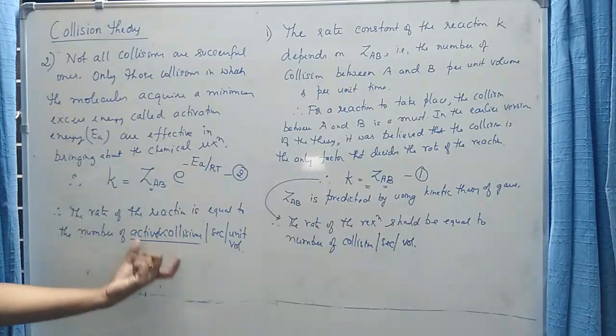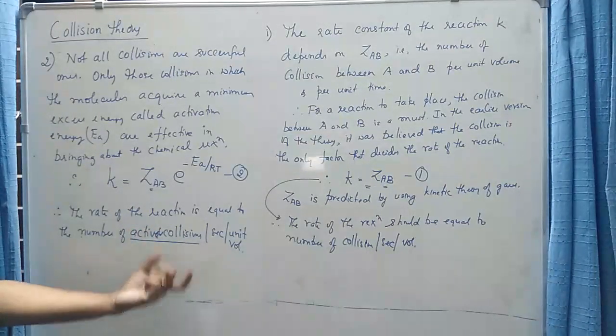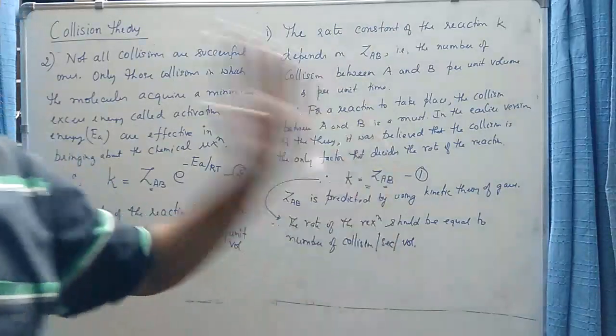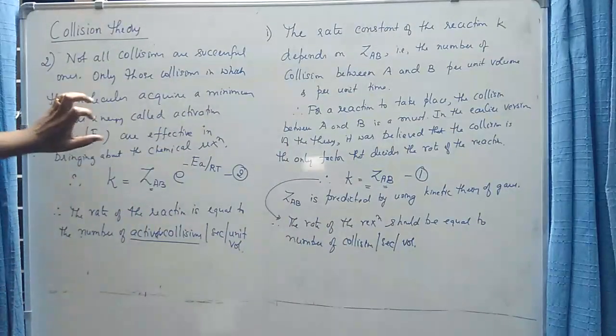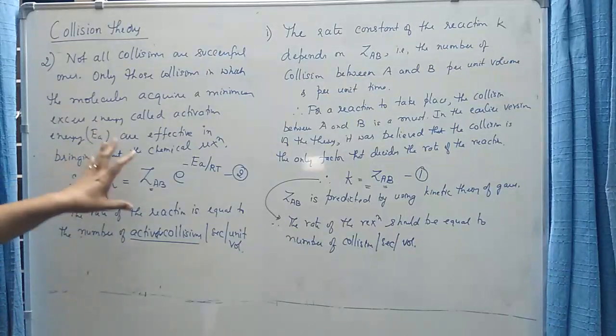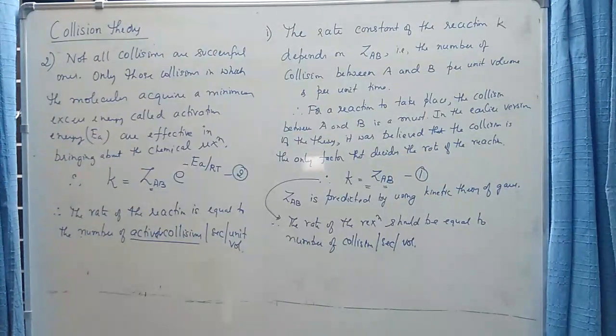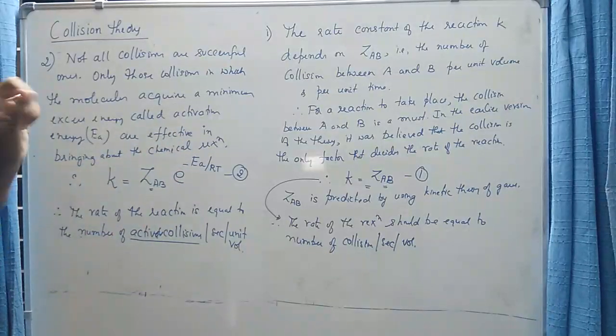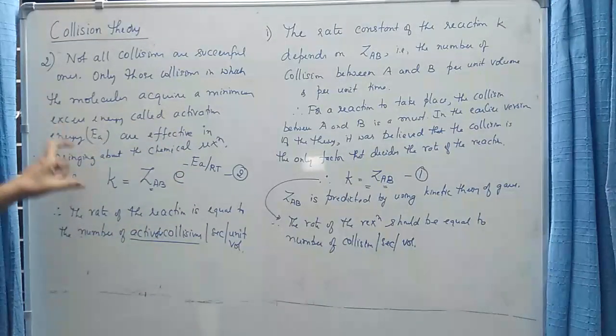So this total activated collision taking place per unit second per unit volume is very less than the number of collisions. So there is a significant decrease in the value of rate constant now predicted by collision theory. But it was observed that still, after making the modification, the theoretically predicted value of rate constant is much higher than the experimental value.